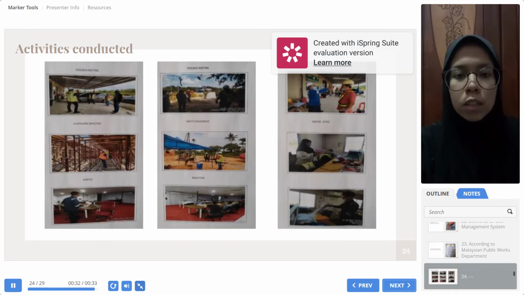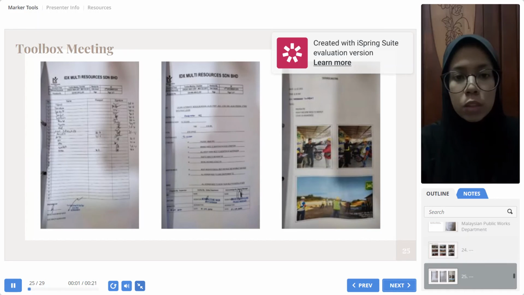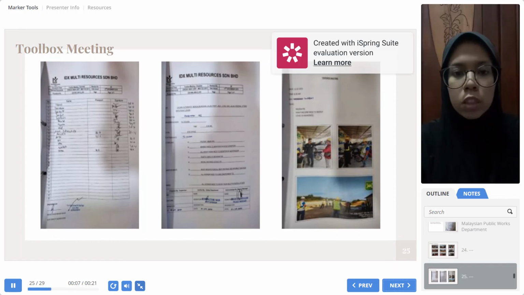Other than that, the toolbox meeting is also one of the safety activities in this project. There are 2 meeting checklists that need to be filled in by the workers, which are the checklist of attendance and also the checklist of minutes of meeting or issues discussed.